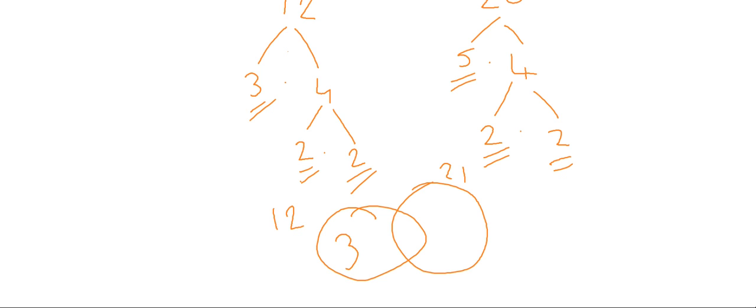We have 3 and then we have 2, 2, and for 20 we have 5 and then 2, 2. So this is common and it's greatest, so that's 4, right? So the GCD of 12 and 20 is 4.